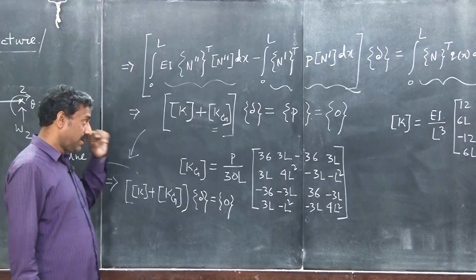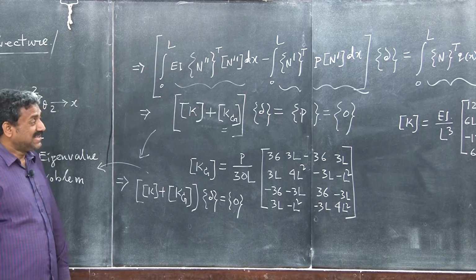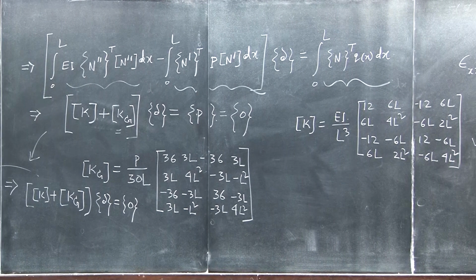So you will see that the geometric stiffness matrix has its origin hidden in geometric nonlinearity.